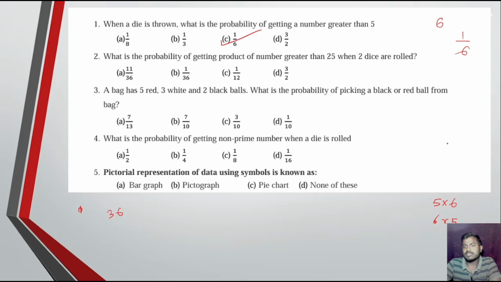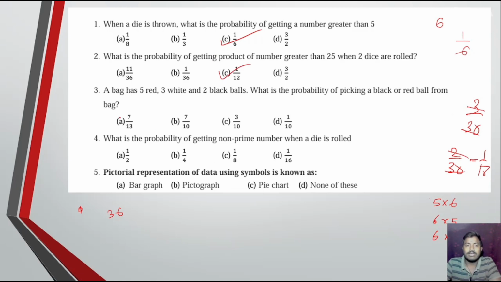So the answer is 2 by 36, that is 1 by 18. There is no such option. Again, 5 into 6 is 30, 6 into 5, and 6 into 6 is 36. So 3 by 36, that is 1 by 12. Option C is the correct answer.